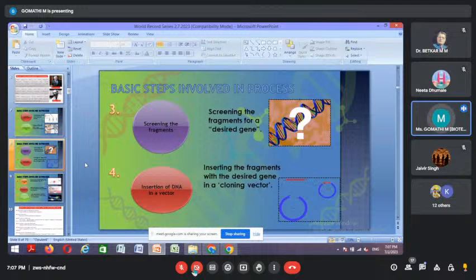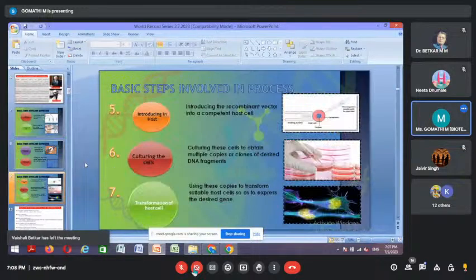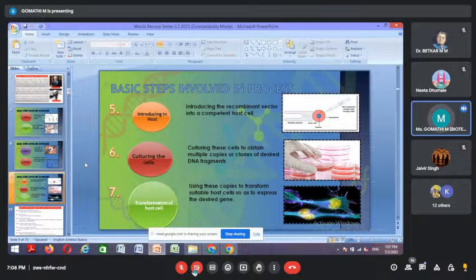Next, inserting the DNA into a vector, which I'll explain later in the slides. Then introducing the recombinant DNA into a competent host cell, where it replicates and produces a number of copies. The cell is cultured to produce multiple copies, and then we get the transformed desired gene.